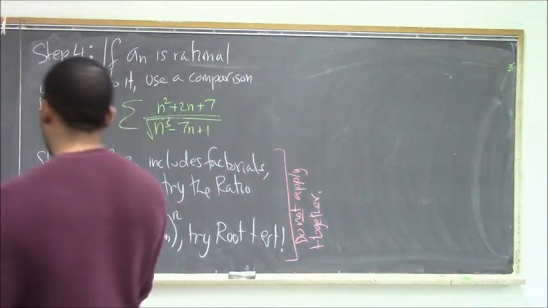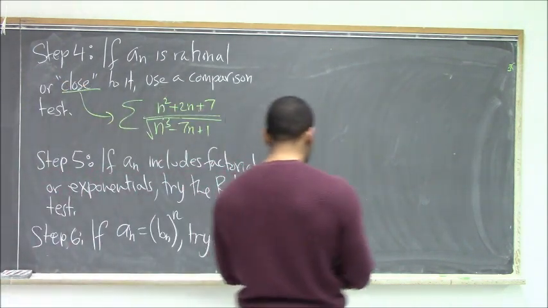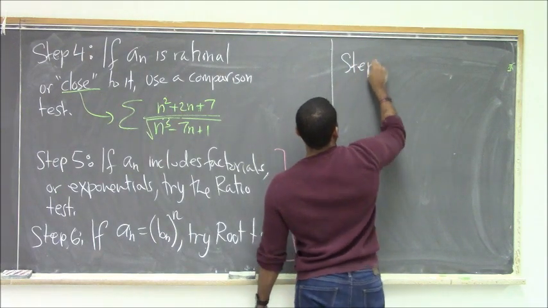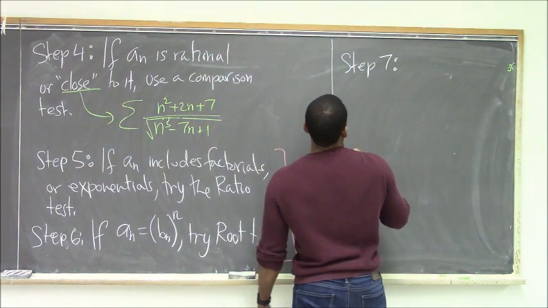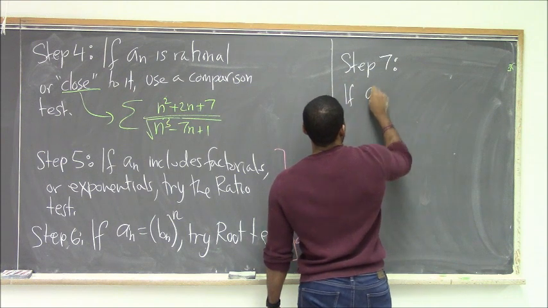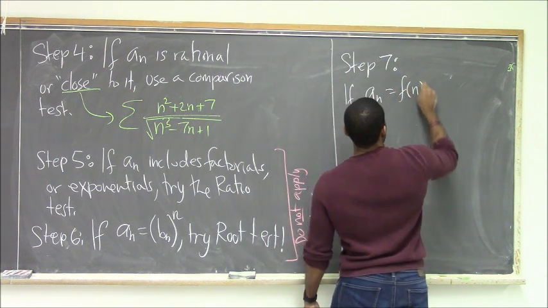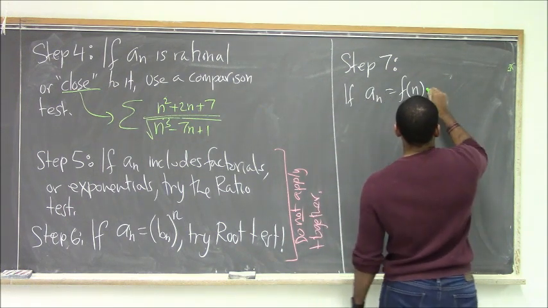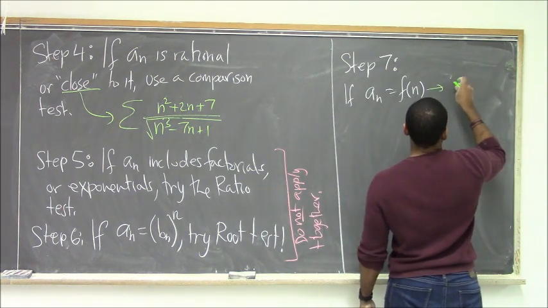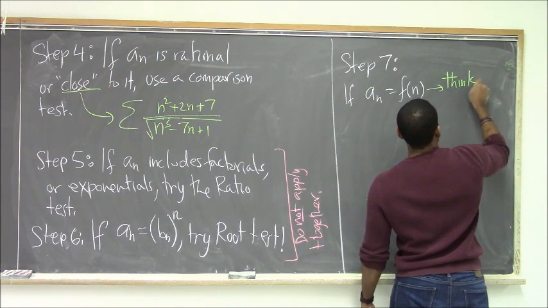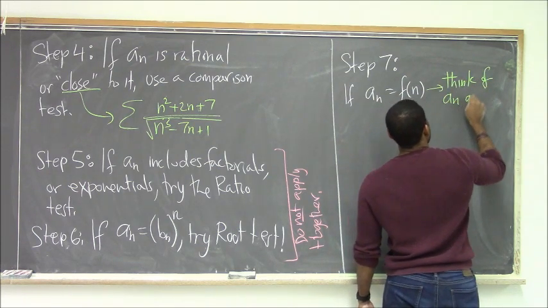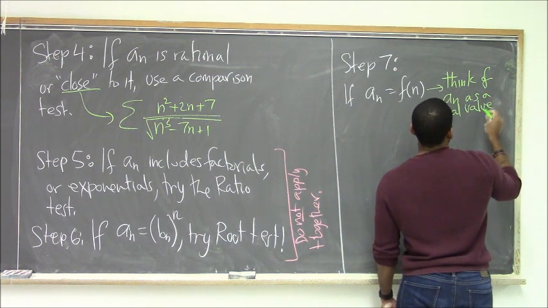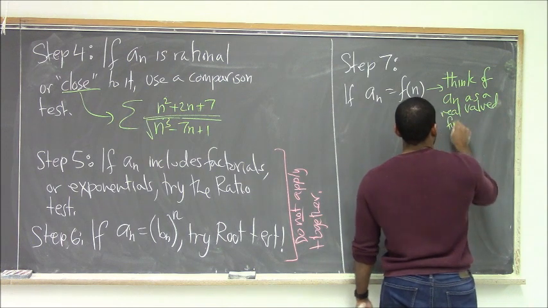Okay, what else is there? Step 7. Suppose a_n equals f(n). So essentially what I'm saying here is think of a_n as a real valued function, meaning it doesn't only take integer values.